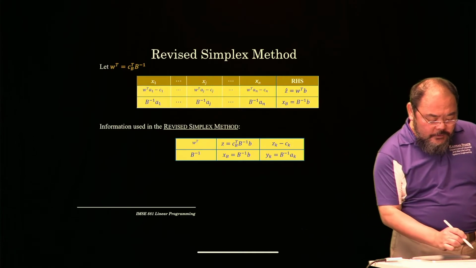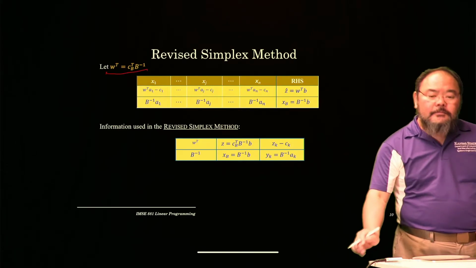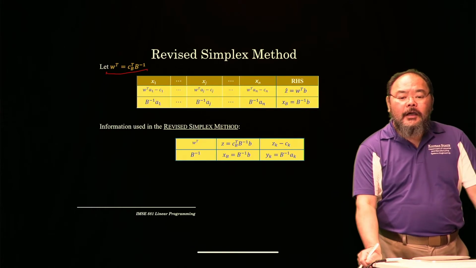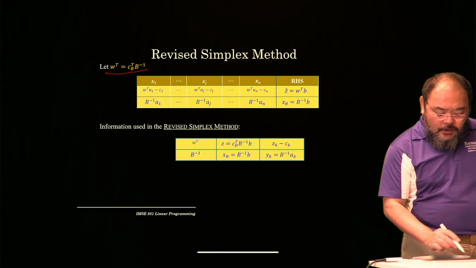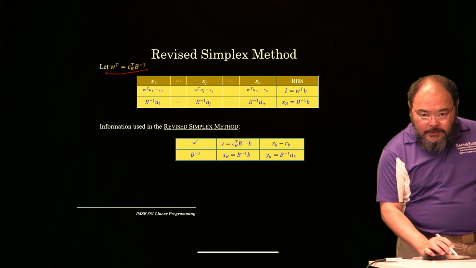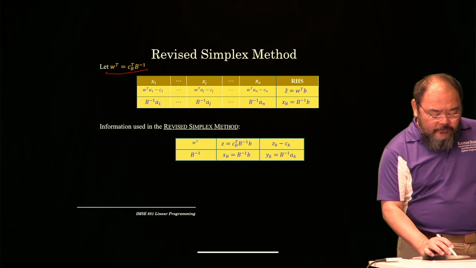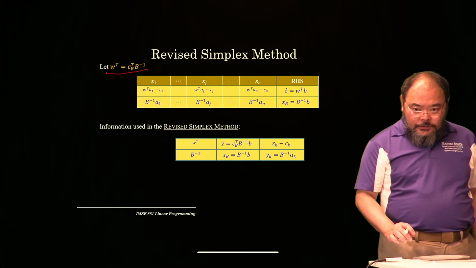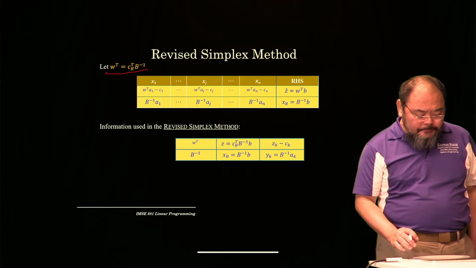We can first define omega equal to CB transpose times B inverse. Then we use omega instead, because omega is pre-calculated. And in fact, omega is the dual solution in our simplex Tableau.